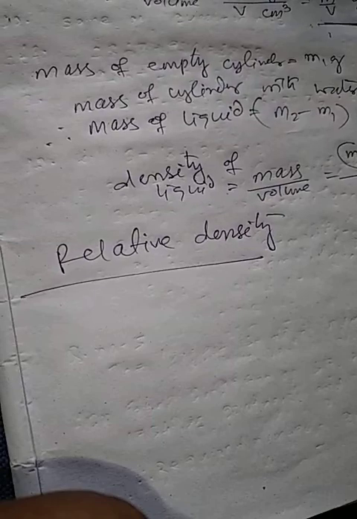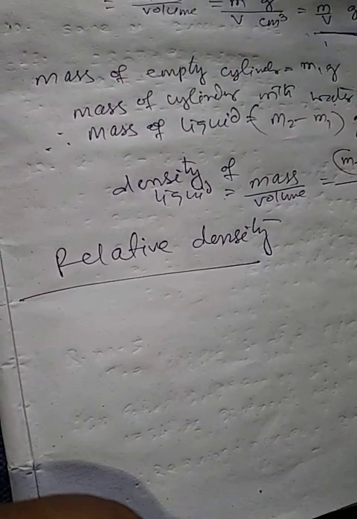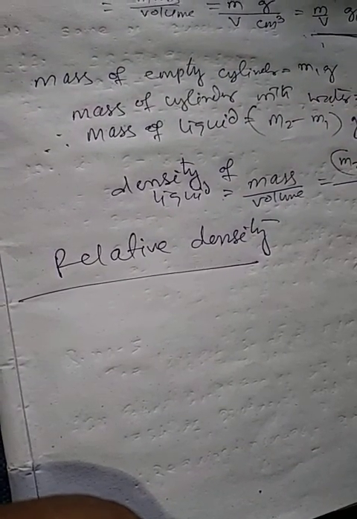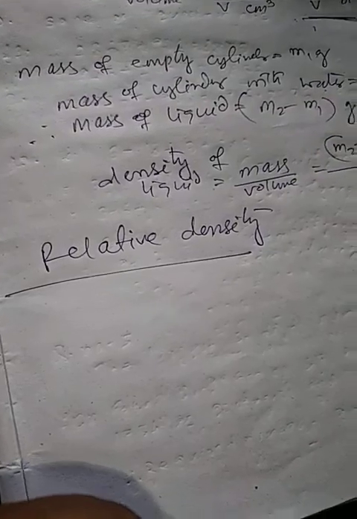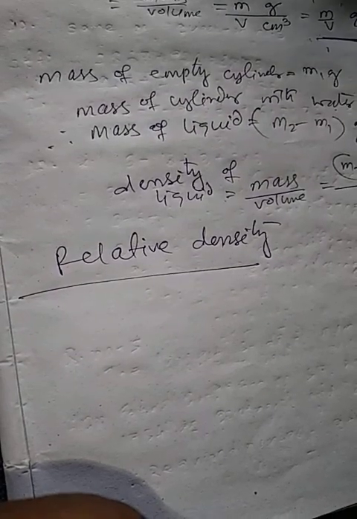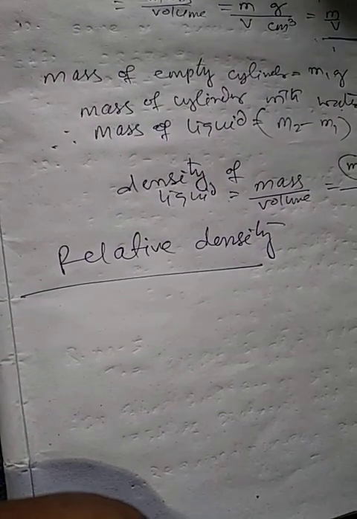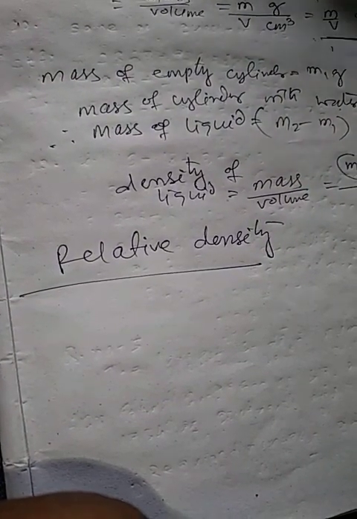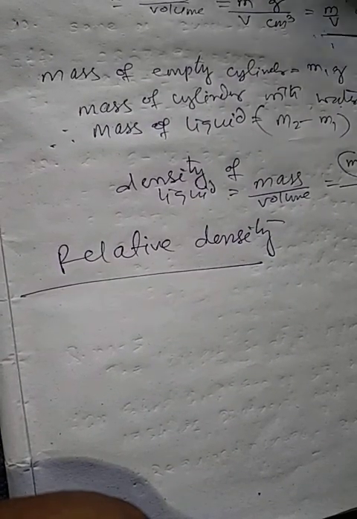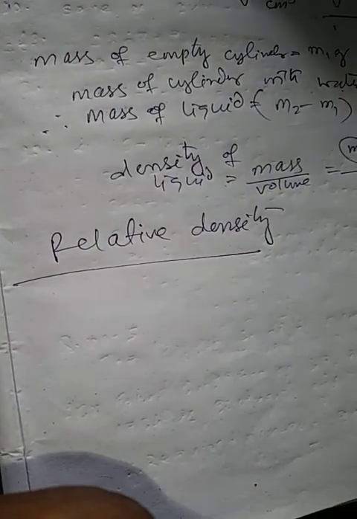Whether the solid will float on the surface or sink depends upon the relative density of the solid with respect to that liquid. If the liquid in which the substance is immersed is water and the temperature of water is 4 degrees Celsius, then the relative density of the substance with respect to water will be the ratio between the density of the substance and the density of water at 4 degrees Celsius.